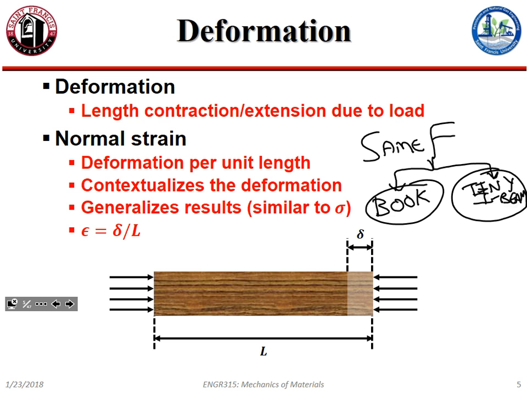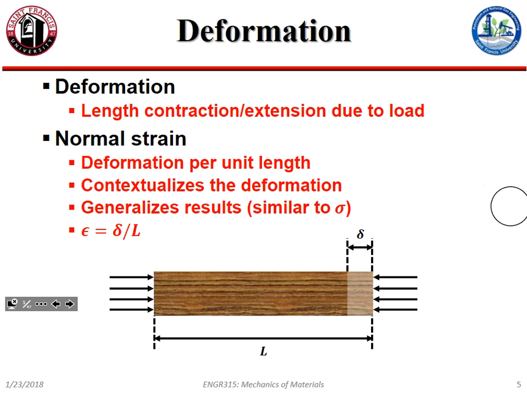Okay. In the same way, strain says, well, I can have two different objects that have deformed by the same amount, but what's actually happened to each one is fundamentally different. Like my little 1 inch thing that's deformed a foot, it's changed a lot more than the 1 meter thing that's changed by a foot, right? One has been extended by 12 times its own size.